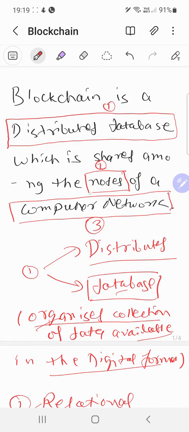They are getting connected through nodes, and the system that is being used to connect these nodes has to do with cryptography. I'll not go into that in this video, but to drive the point home, blockchain is a distributed database. So the moment somebody asks you what a blockchain is, blockchain is a type of database, and that type is distributed, and the way we have connected multiple computers is by the nodes.